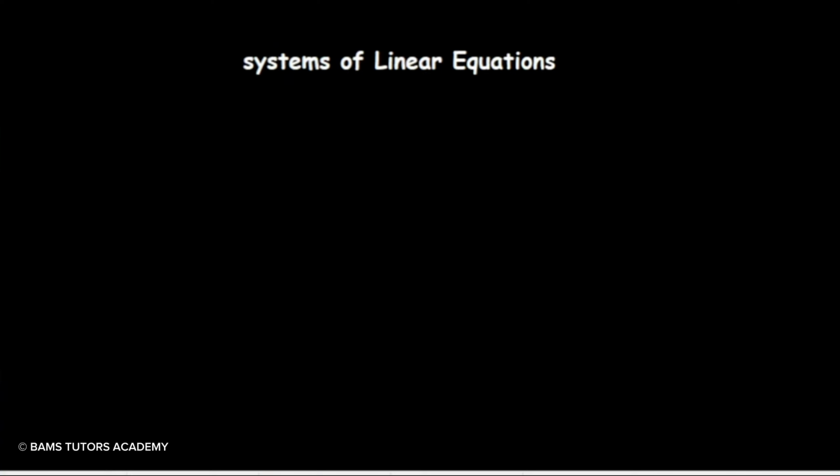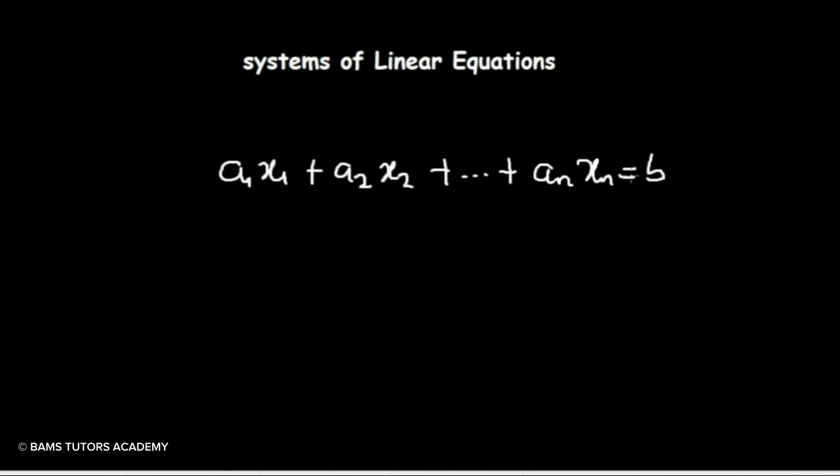So now, how do we mathematically write a linear equation? Because it can be more than one variable. A linear equation can be written in this form: a1 x1, plus a2 x2, plus, the more you want to write, then an xn is equal to b.